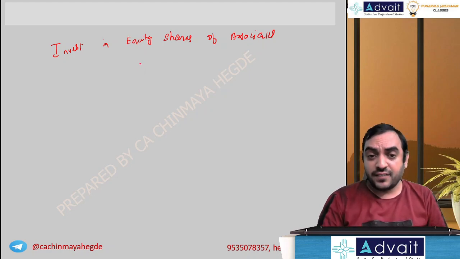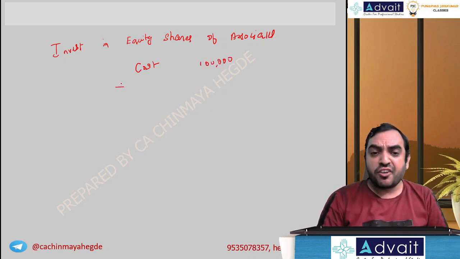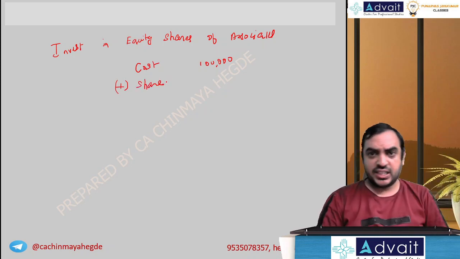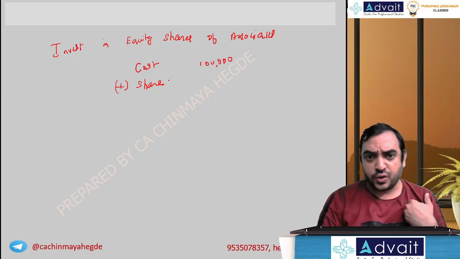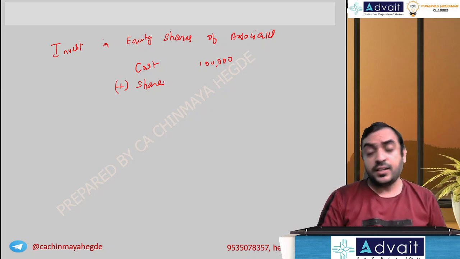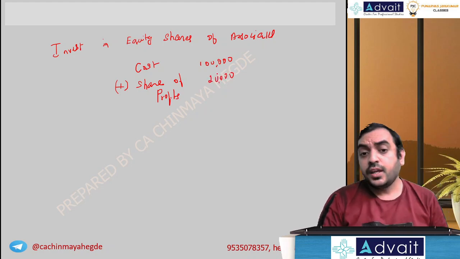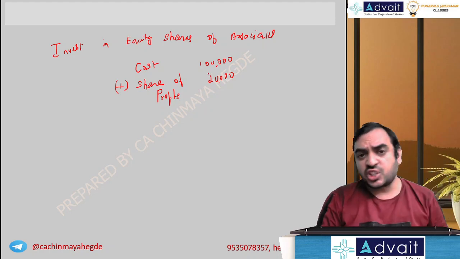So if you invested at a cost of 1 lakh, that is your cost of investment. Share of profit you will add next year when the associate makes a profit, to the extent of your share, on accrual basis in the consolidated financial statements. Let's say that comes to 20,000 in the current year. Next, if you receive any dividend, you are going to subtract it, and that is what is called the equity method of accounting.